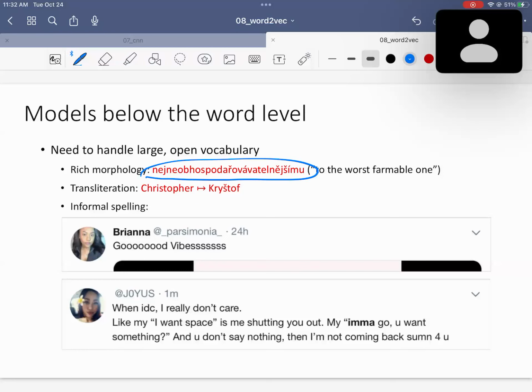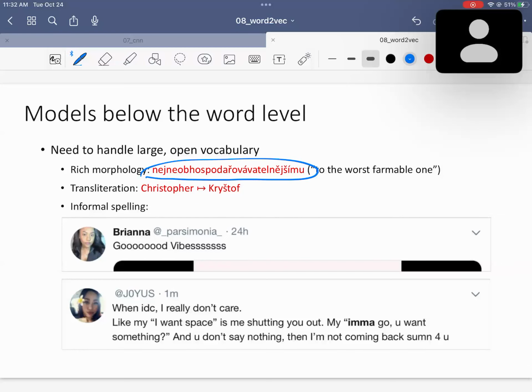German words concatenate all the meanings into a single word, so the single word becomes really long. But in essence, you can break them down into multiple subwords, subparts. So that's another motivation. Sometimes your words are too long, or transliteration, this also can happen.